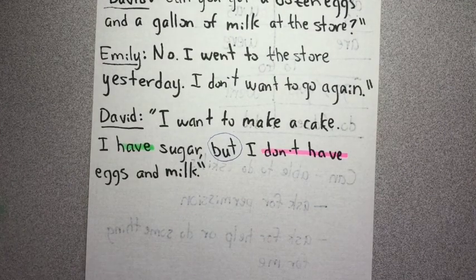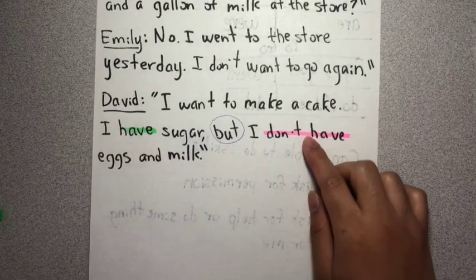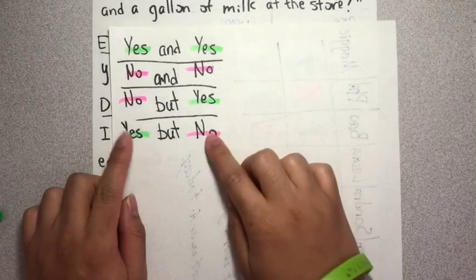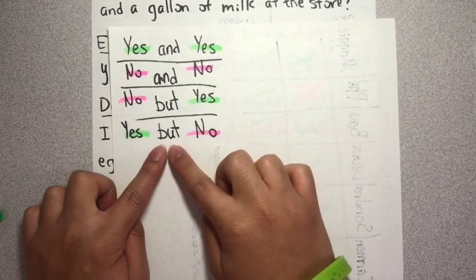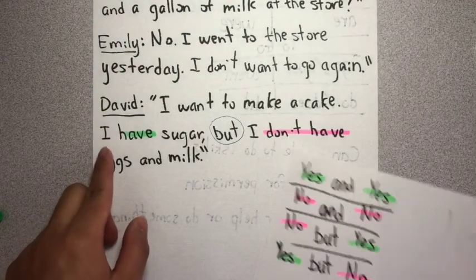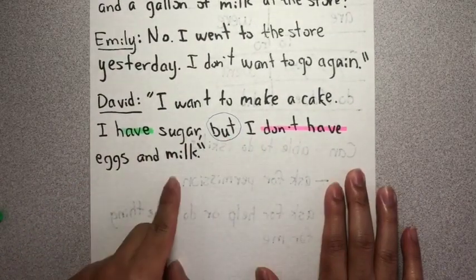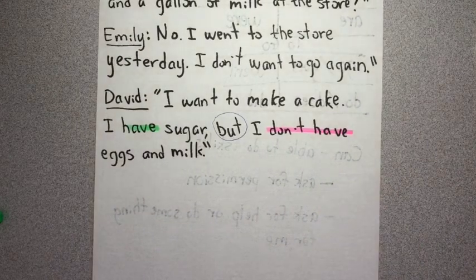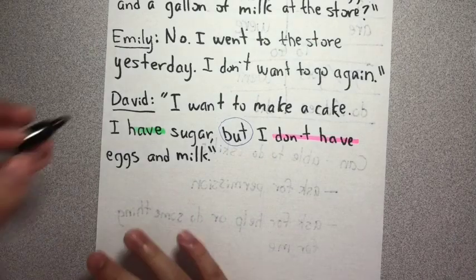So we have yes, we have no. Because yes and no are different, we use the word but. I have sugar, but I don't have eggs and milk. So that's why we use the word but.